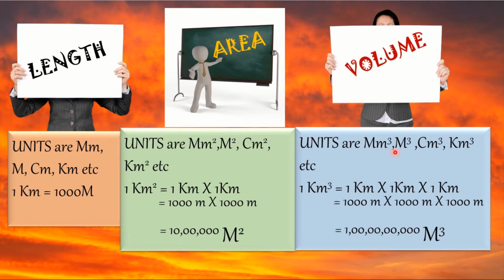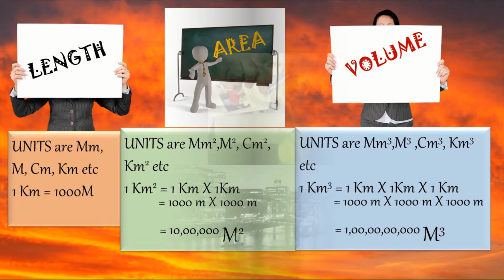So millimeter cube, meter cube, centimeter cube, kilometer cube, etc. And when we have to convert, we'll convert all the 3 kilometers into meter and then the final answer will come. Whether we are converting meter cube to centimeter cube, kilometer cube to any other unit, we will follow the same rule.